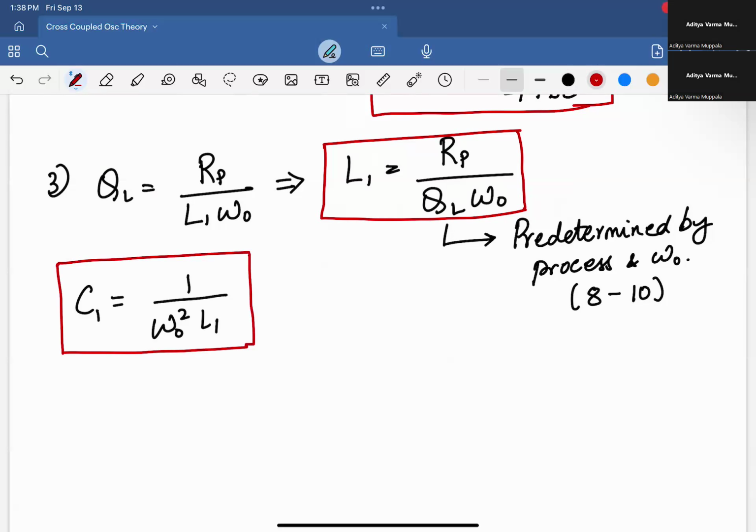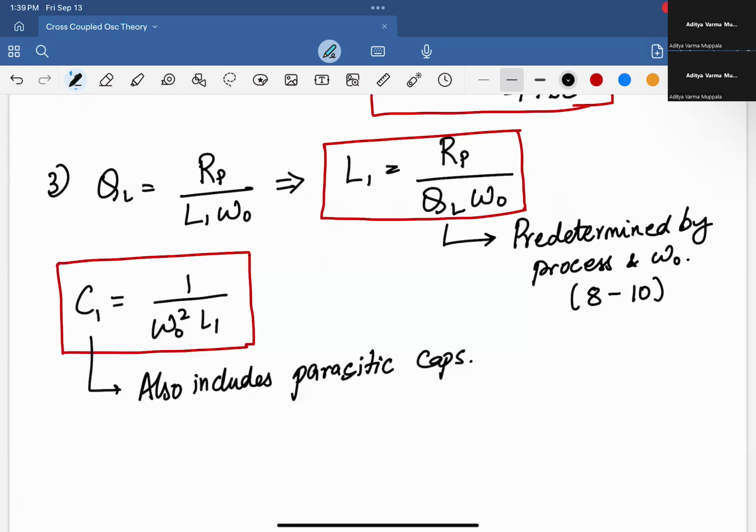Of course, this C1 also includes parasitic capacitances. So you have to tune this a little bit to get the right frequency, right?